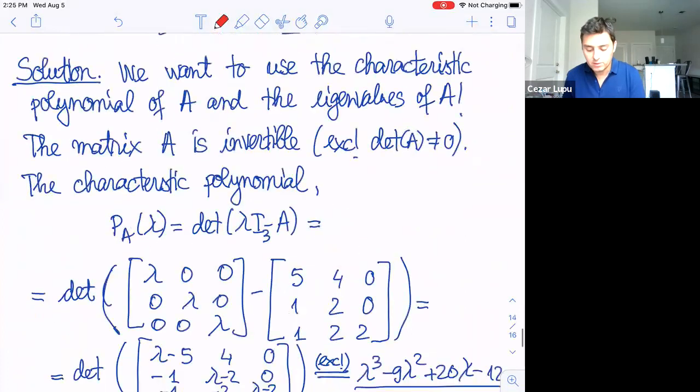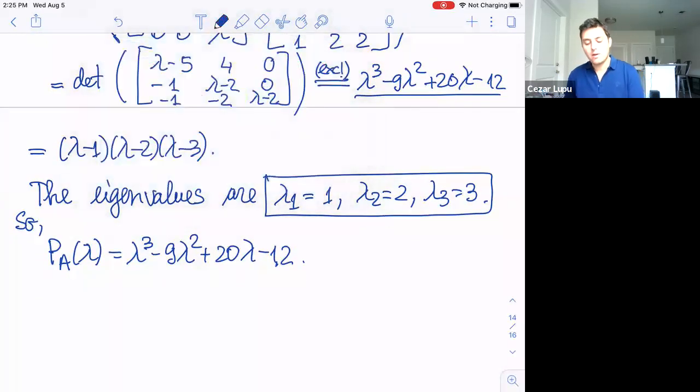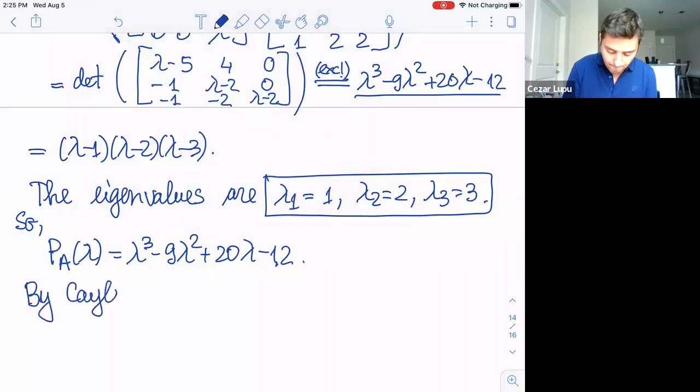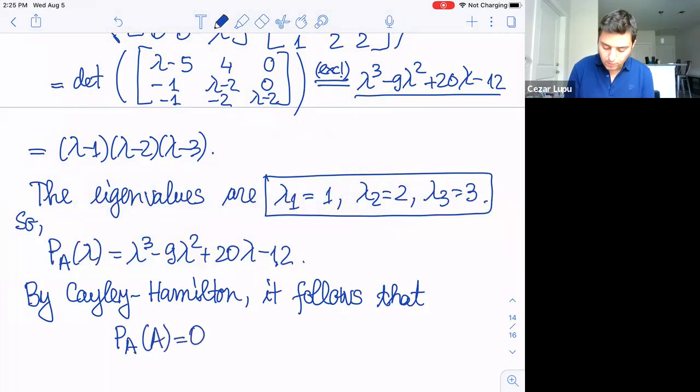Now let's apply this to our situation here. So we have that P_A of lambda is this, right? By Cayley-Hamilton, it follows that P_A of A equals 0, right?